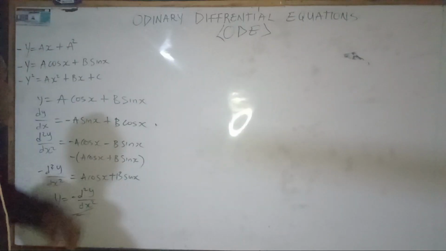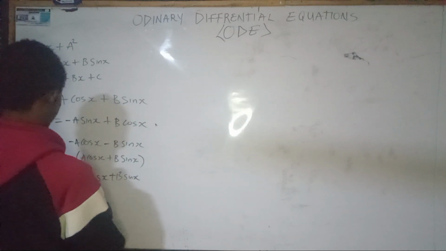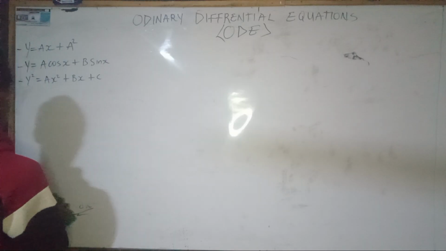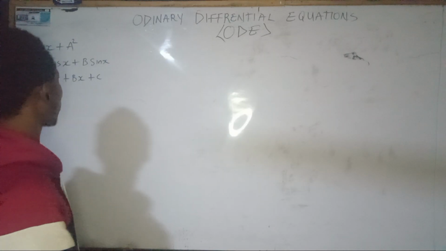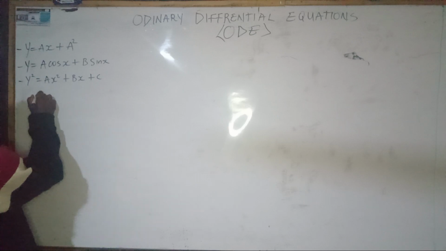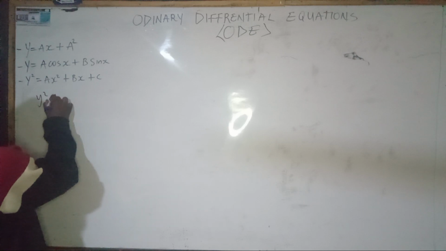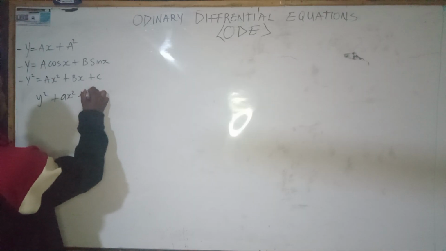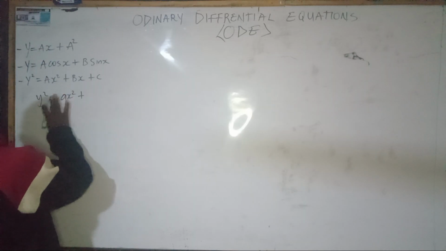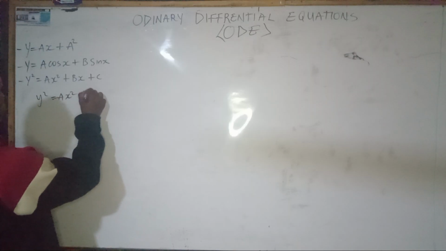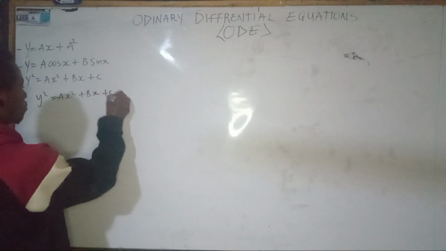Now we can try to look at the third one over here. If we look at the third one over here, we will see that this is y squared equals ax squared plus bx plus c.